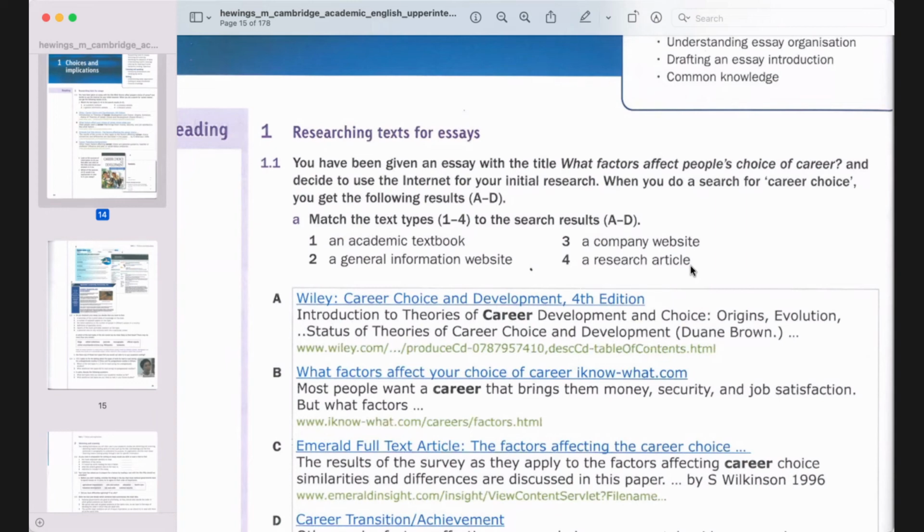So I consider that research articles are also very informative for any kind of research.